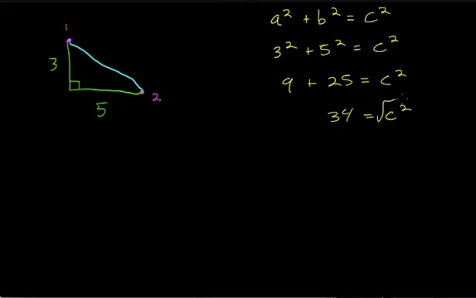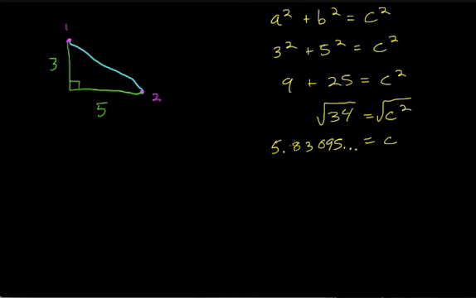So we're going to take the square root of c squared, which gives us c. But what is the square root of 34? Well, 34 is not a perfect square. And we know that if we take the square root of an integer that's not a perfect square, we're going to end up with an irrational number. And surely enough, if you put this in your calculator, you end up with the number 5.83095, and I'll stop there, but it goes off into infinity, and there's no pattern.